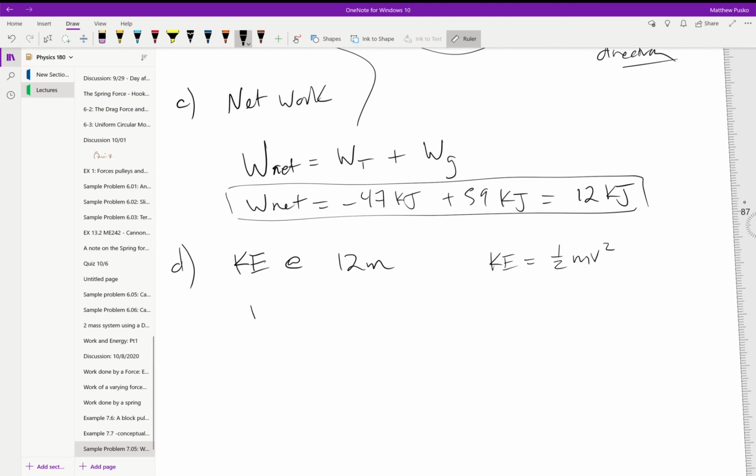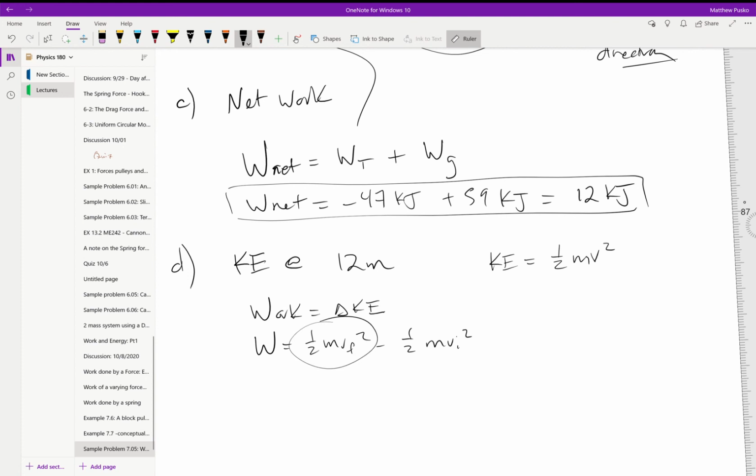And let's also use the fact that work is equal to the change in kinetic energy. Let's break this up some more. That means 1/2 mv final squared minus 1/2 mv initial squared. Alright, they want to know what the final kinetic energy is. That's this.